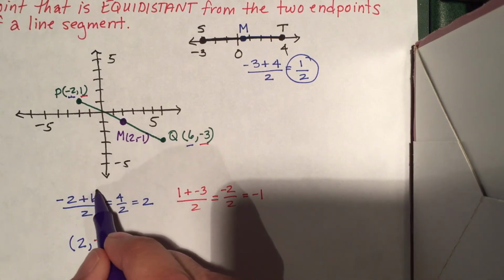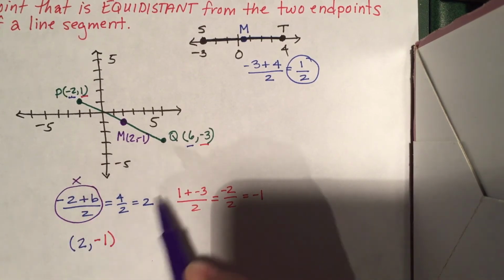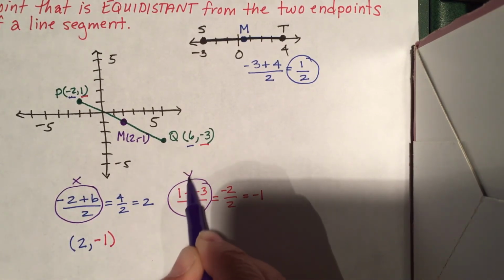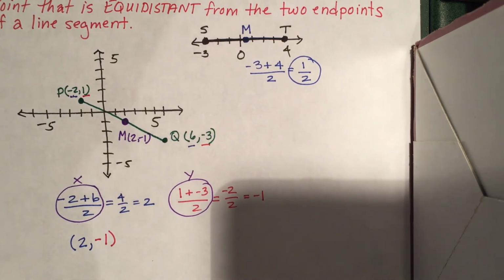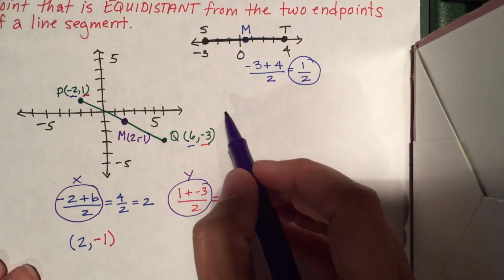So looking at what we did, an average of the x's and an average of the y's. Just common sense, finding the halfway point. Well, we actually have a formula for it, but I wanted to show you how to do it without the formula so you understood the origin of the formula, where it comes from.